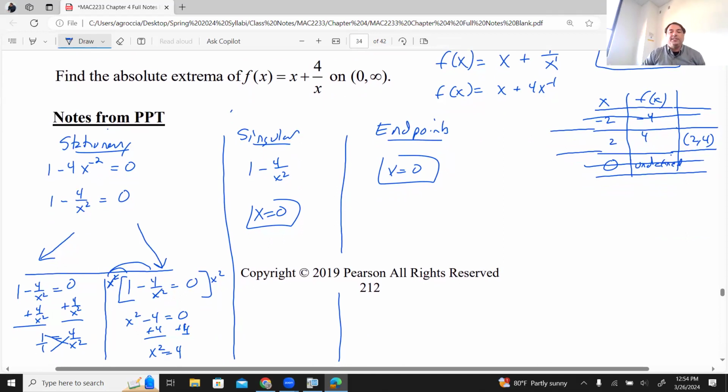So since my domain is 0 to infinity, I can't go to 0 to forever. I know I need to see 2. So how far should we go? 0 to 10, 3, 4, all of those is great. I'll do 5. I'll kind of compromise based on what you guys said. And then for the y, they don't give us anything at all, but I need to see 4.